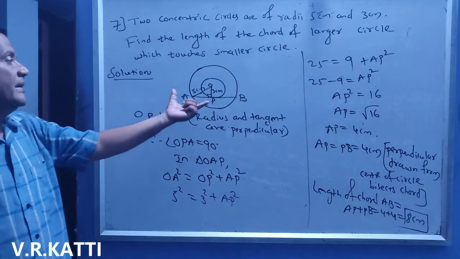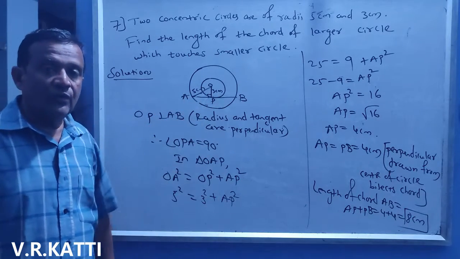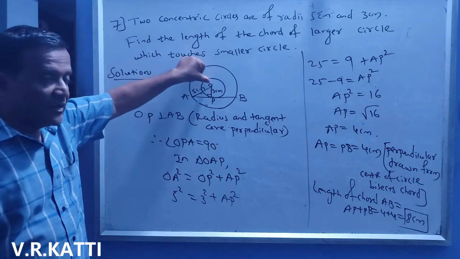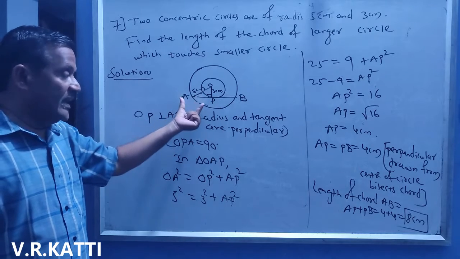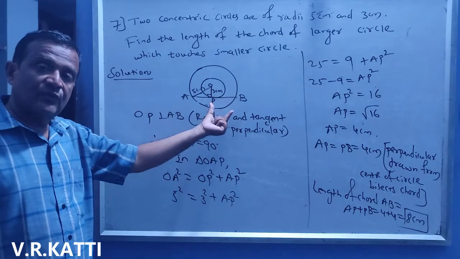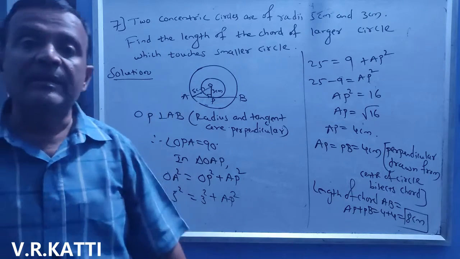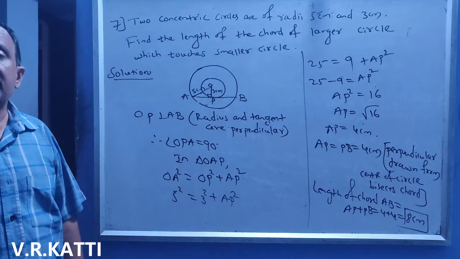Because the perpendicular drawn from the center of the circle bisects the chord, if AP is 4, PB is also 4, then AB is AP plus PB, so it is 8 centimeter.